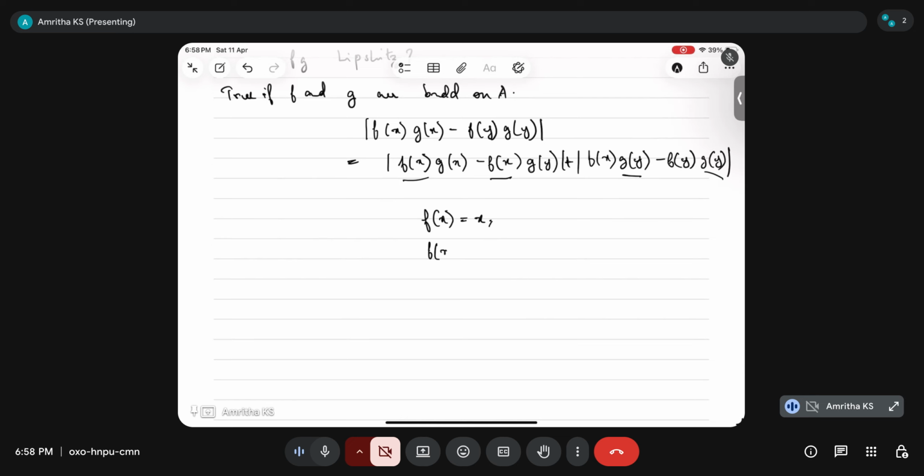Now, if you take the square, this is x square and x is from R, or you can take x from 0 to infinity. Then one can show that this is not Lipschitz.